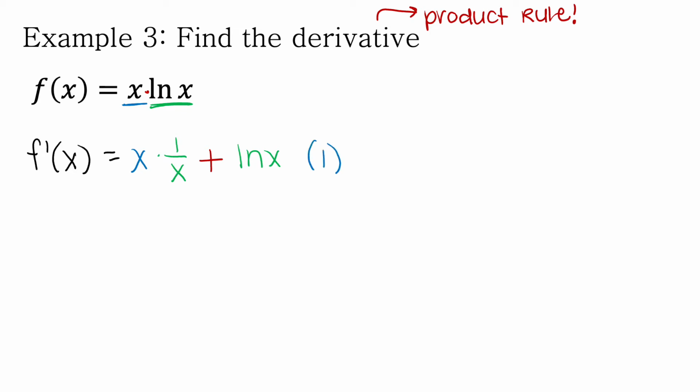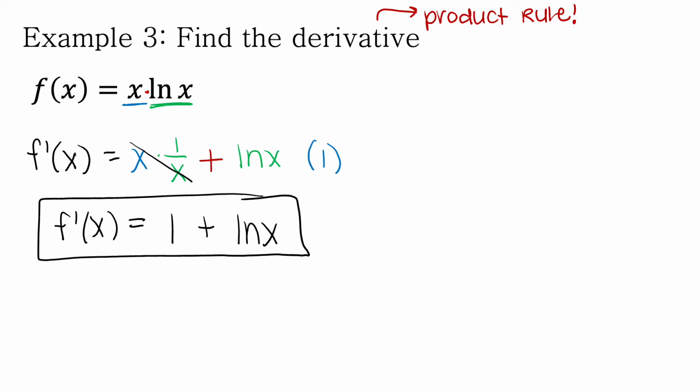Now we can simplify wherever possible, so x times 1 over x, our x's are going to cancel, and we're just going to be left with 1 plus, and then the natural log of x times 1 is just the natural log of x. So we can write our derivative f prime of x as just 1 plus the natural log of x. So again, example 3 looked simple, but because we were multiplying two functions of x, we actually had to bring back our old friend, the product rule.